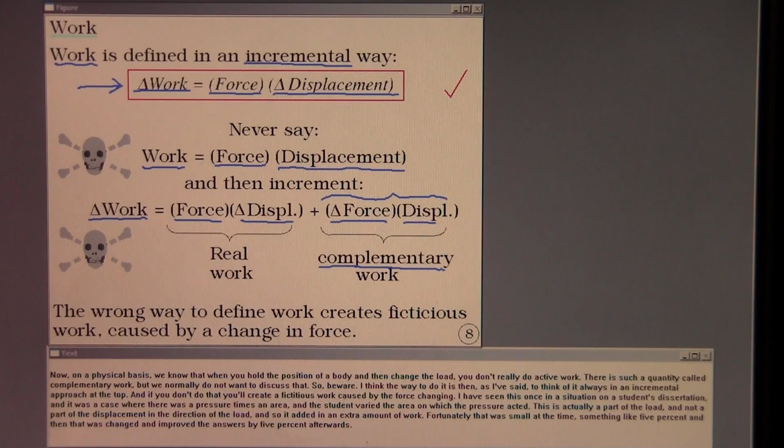This is actually a part of the load and not a part of the displacement in the direction of the load, and so it added in an extra amount of work. Fortunately, that was small at the time, something like 5%, and correcting it improved the answers by 5% afterwards.